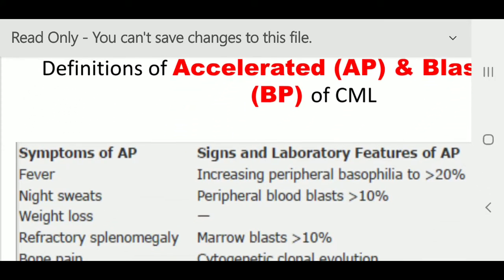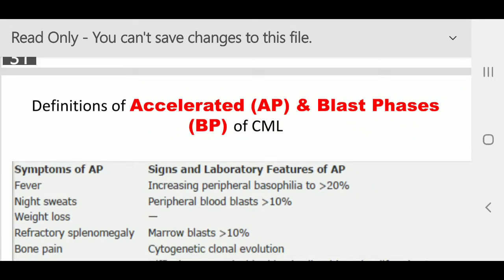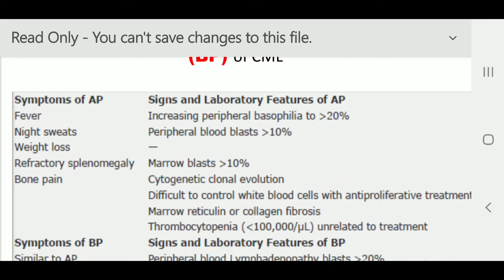Now coming on to what is accelerated phase and blast crisis. The symptoms of accelerated phase and blast crisis are the same. Accelerated phase, the name itself suggests that the patient is going towards a worse prognosis or outcome: fever, night sweats, weight loss, bone pain.